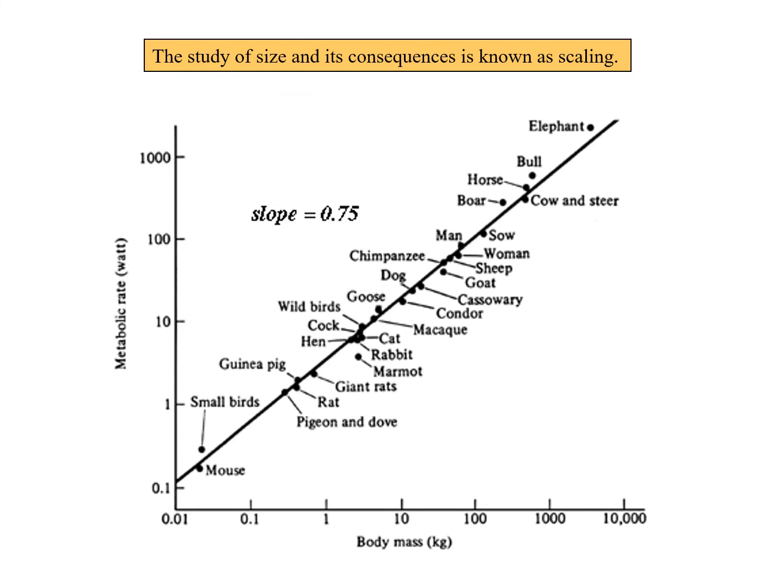So what is plotted here on a log base 10 scale across the x-axis is body mass, and then on the y-axis is metabolic rate. And that's been measured. These are all mammals. A mouse runs around 30 grams, right? And little birds versus an elephant.